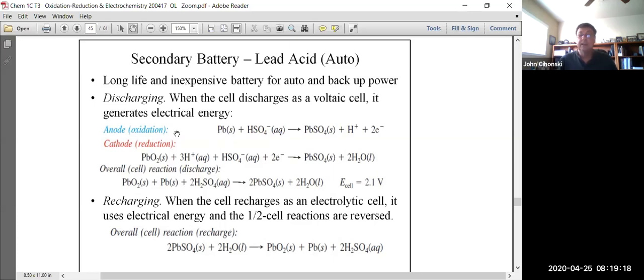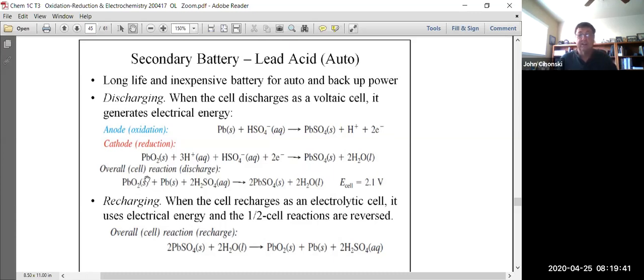So for the anode, what we have is lead metal reacting with the sulfuric acid, and we form lead sulfate. The acid or the proton comes off, and we end up with 2 electrons.